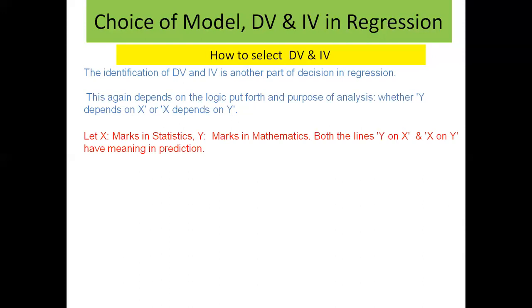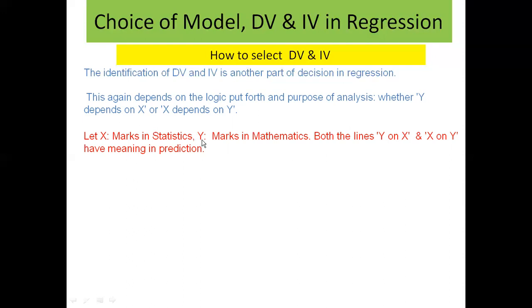Now, if you want to predict y based on x, then you can take y dependent, x independent. Vice versa, you can say x depends on y, meaning marks of statistics depend on marks of mathematics. So you can take both one by one as dependent or independent.